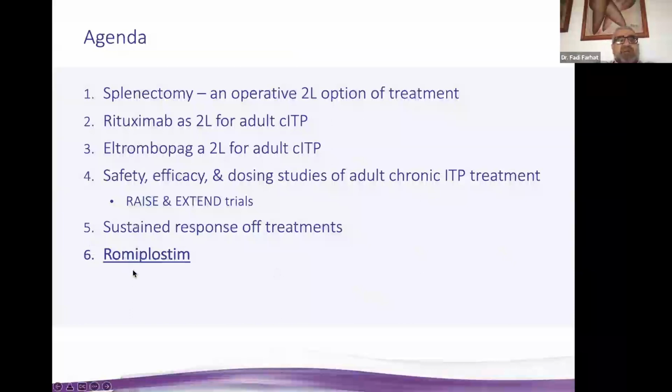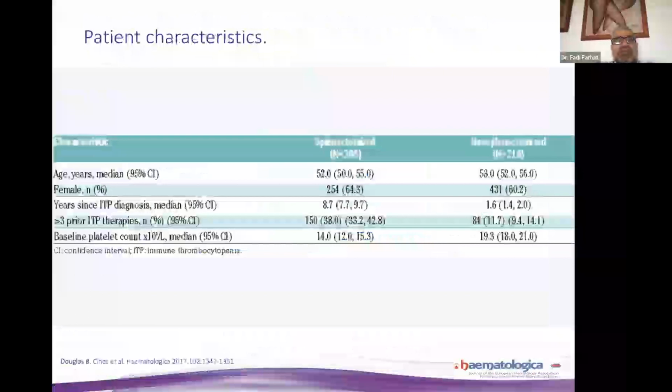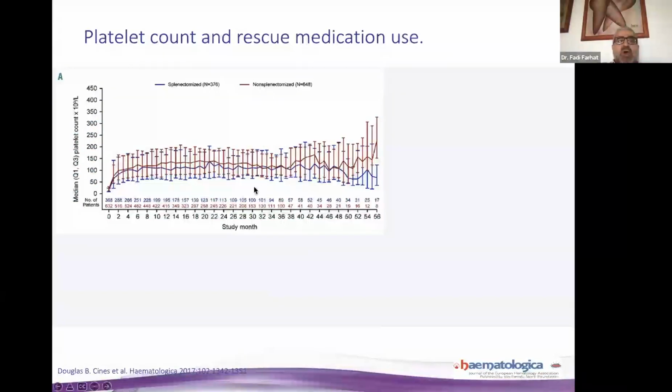So another medication, romiplostim. Here is the trial showing that in patients with balanced features and characteristics, splenectomized and non-splenectomized, with more than 3 prior therapies, in some cases we might have a response.